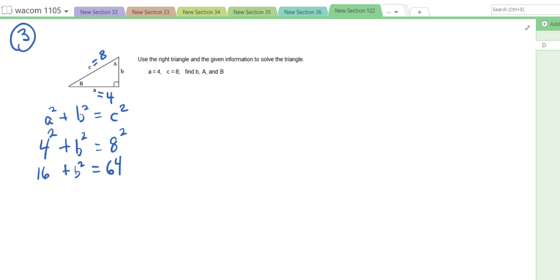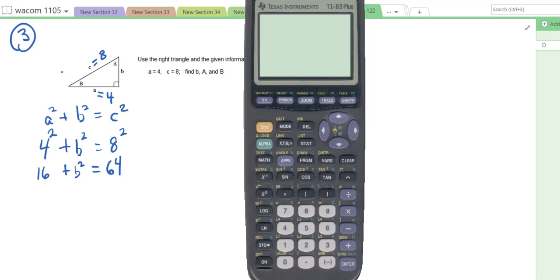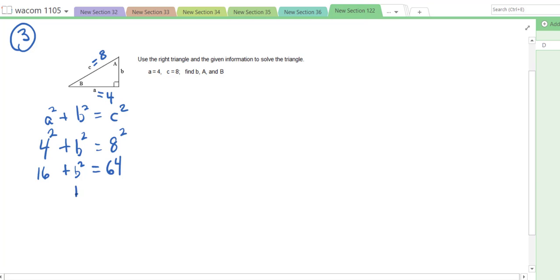So I am going to do 64 minus 16. 48. So B squared equals 48. And then I have to take the square root.